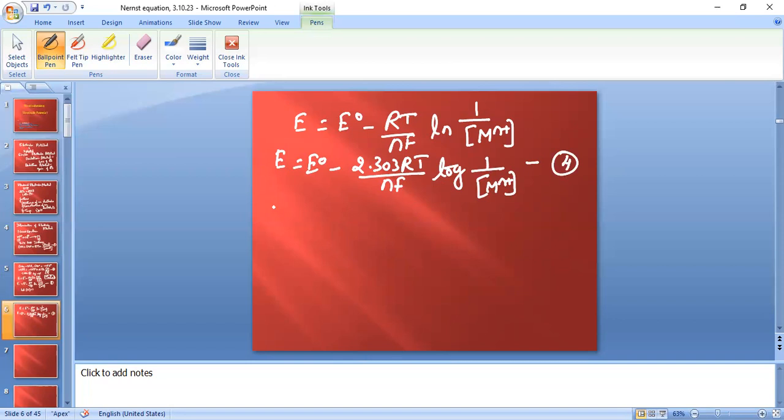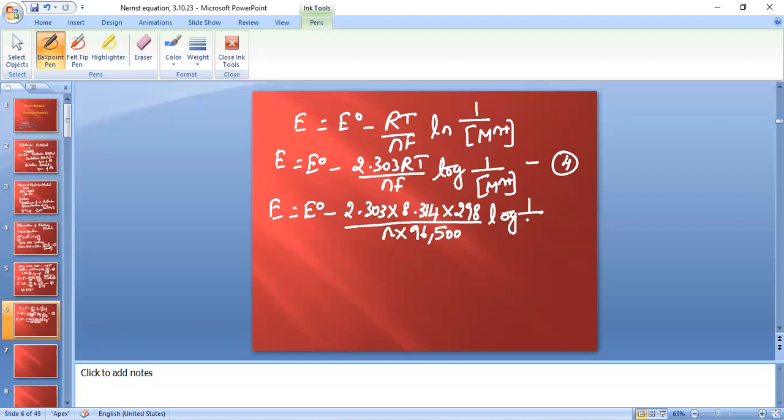The same thing can be written as E is equal to E naught minus 2.303, where R is the universal gas constant, 8.314, and temperature T is 298 because the reaction takes place at standard conditions, n is the number of electrons lost or gained, and the Faraday constant is 96,500 coulombs, times log 1 by M^n+.